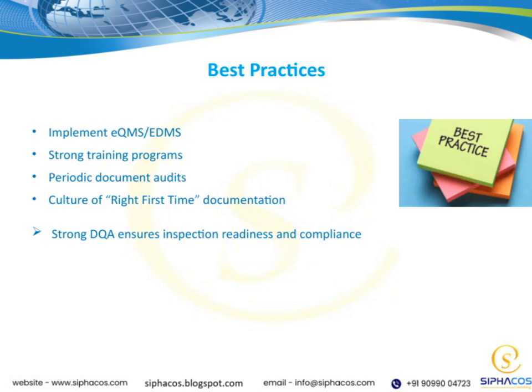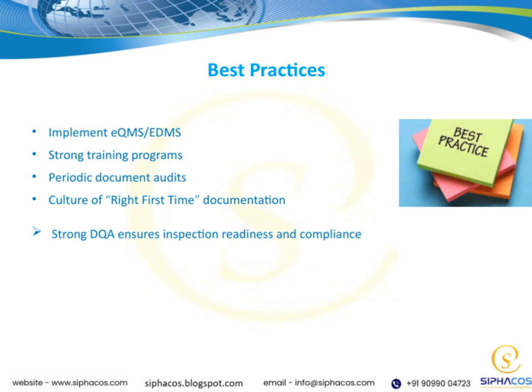They help us identify any gaps or discrepancies in our documentation, keeping everything up to date and in line with regulatory standards. Adopting a culture of right first time documentation encourages us all to get things right the first time, reducing errors and rework. It's about fostering a mindset where quality and accuracy are always the top priorities.